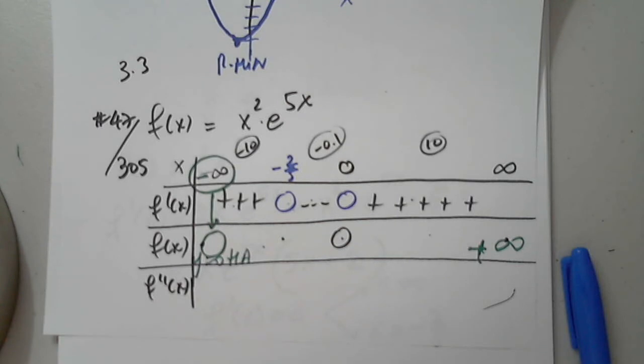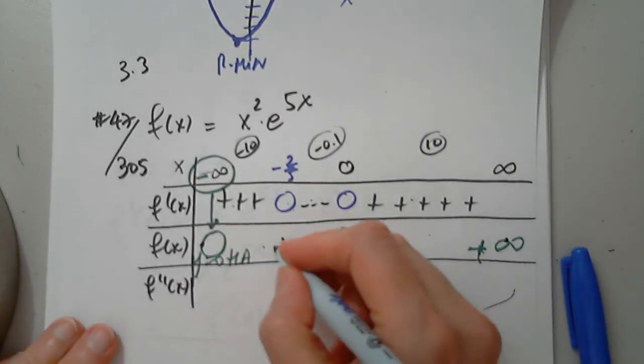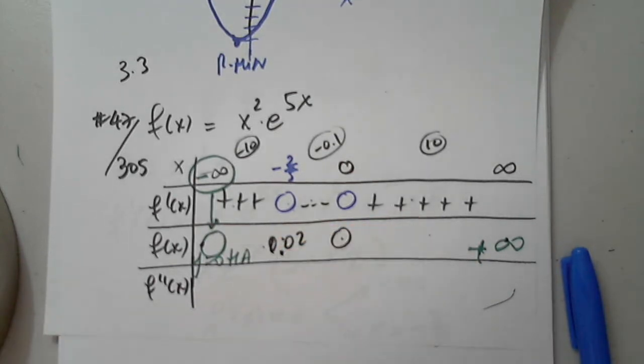Okay, so I plug in negative 0.4. It's negative 2 divided by 5. Okay, so it gave us an ugly number, 0.02. That's it. That's good enough.